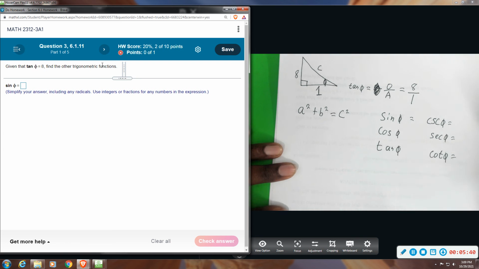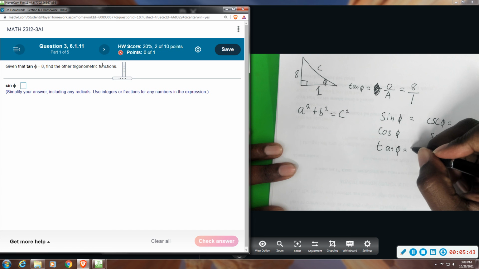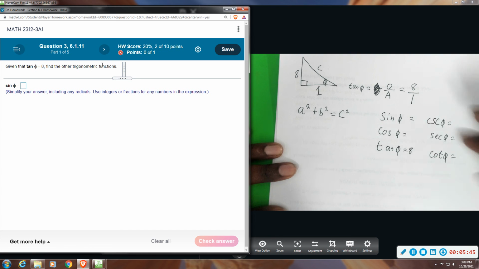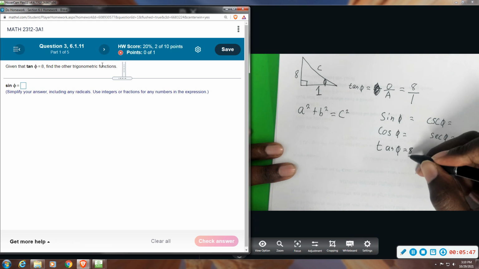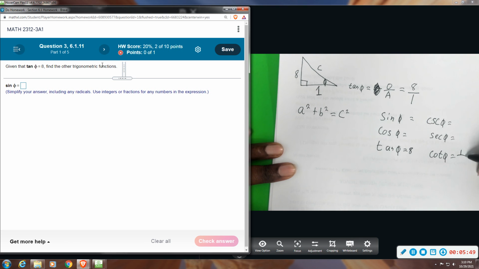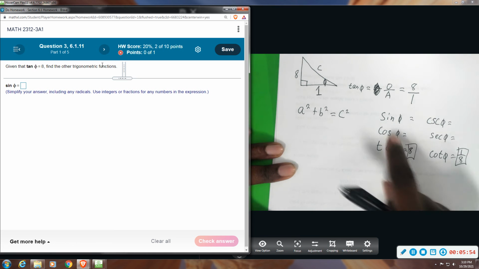Now cotangent we get for free, because tangent was equal to 8, and if we just flip that, the reciprocal, 8 over 1 becomes 1 over 8. So that one I can get for free. Just got to find these other ones.